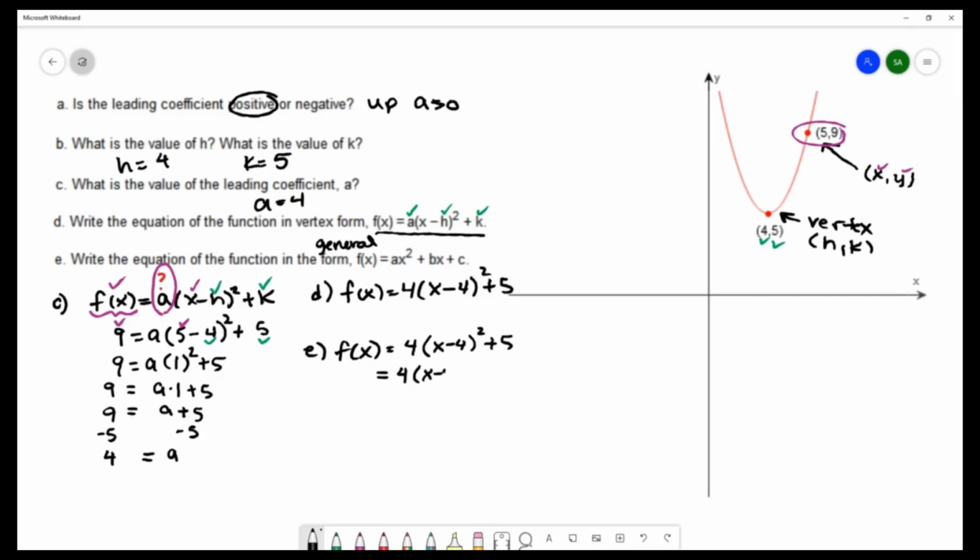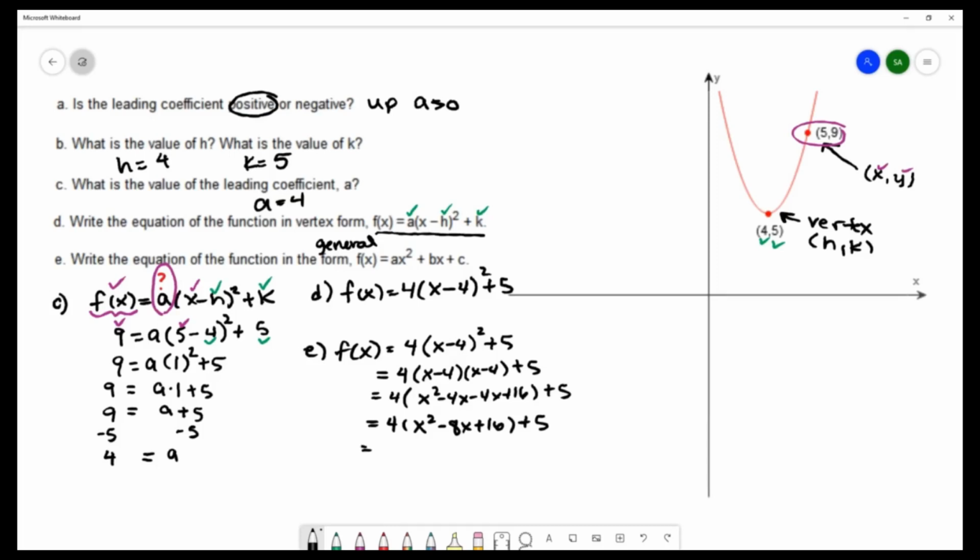That's (x minus 4) times (x minus 4). We're going to multiply out those binomials to get x squared minus 4x plus 16. Carry down that plus 5. I'm going to simplify inside the parentheses by combining like terms. Negative 4x minus 4x is a negative 8x.